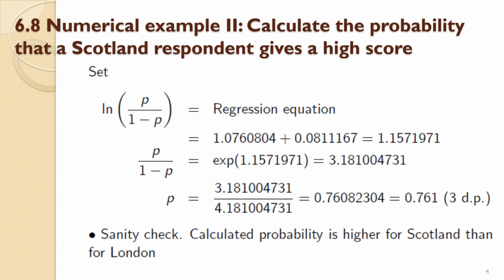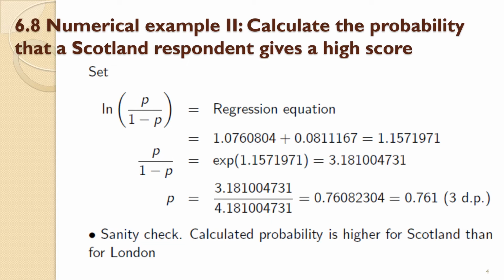So the idea here is that there's a sort of extra practice at these sorts of mechanical calculations, so it's not so important this year because you're not going to sit a written exam, but the important thing here is that this does give you a sanity check. Okay, so this calculated probability is higher for Scotland than for London, and again this matches the previous suggestion that the coefficient for London was negative and statistically significant, so the value is lower for London than it is for Scotland.